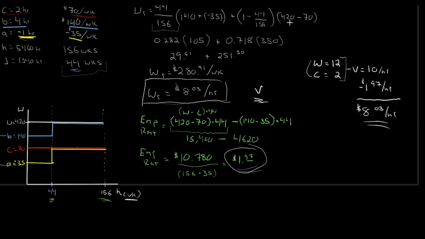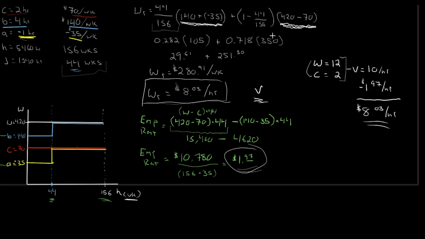This big ugly looking formula is just computing a weighted average between the benefits we receive while being unemployed and the benefits we receive while being employed, given the weight of our horizon that we spend in each of those.